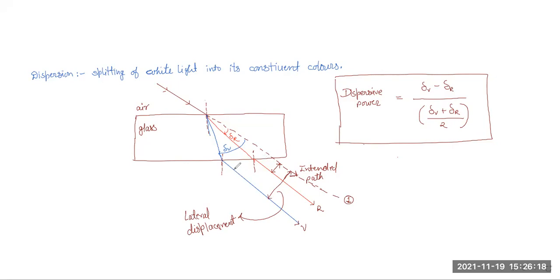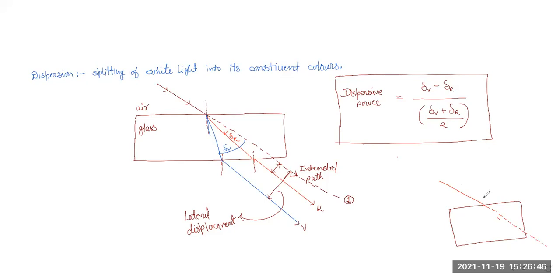To make it simpler to understand, let us say that this ray is only of red color light. So I'll draw it here. Let us say there is a glass slab, and onto the glass slab we are incidenting a red colored light like this. Then we immediately plot its intended path. So its intended path goes like this.